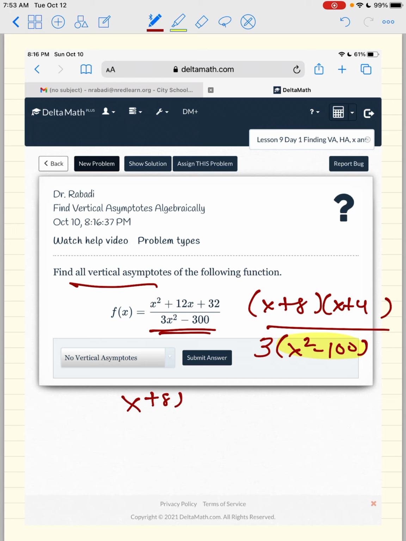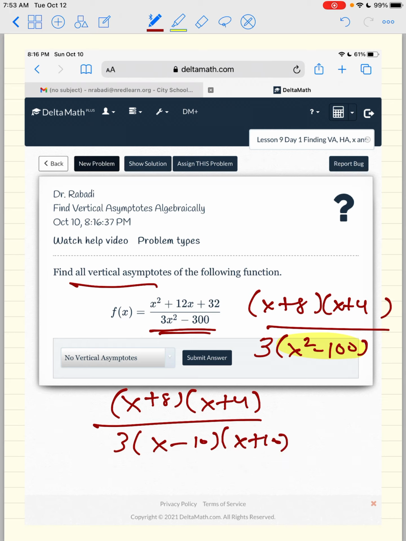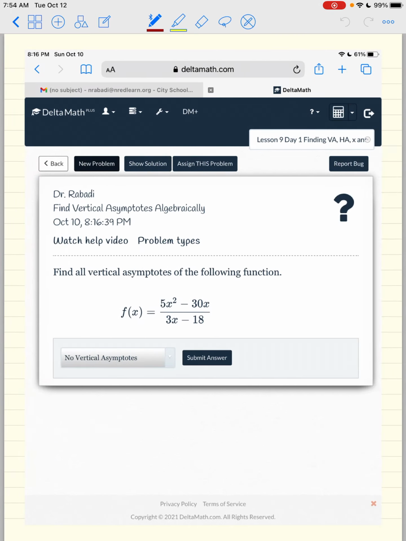So x plus 8, x plus 4, x minus 10, x plus 10. Now, since nothing cancels out, there's going to be 2 vertical asymptotes. So you have to click this, drag down to 2. What makes this 0? 10. What makes this 0? -10. Those are your 2 vertical asymptotes, okay?